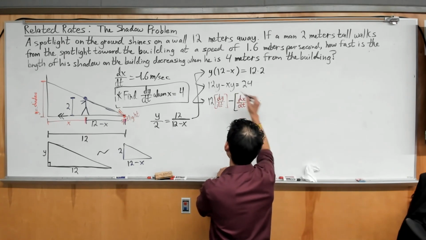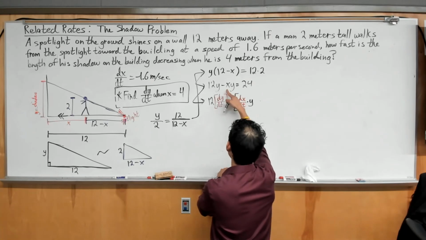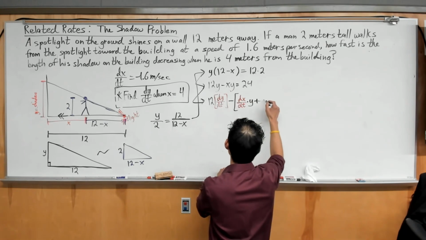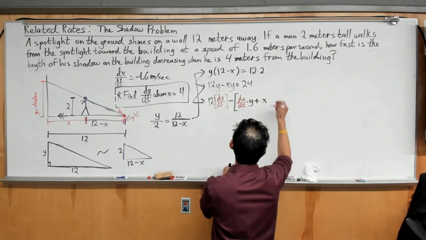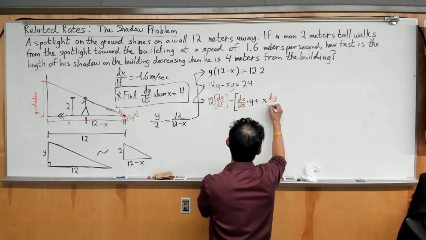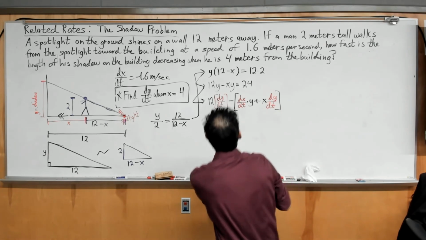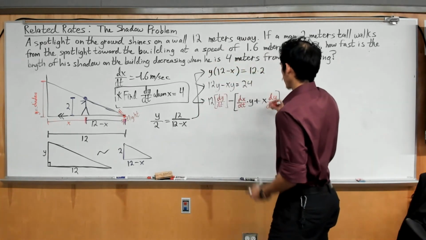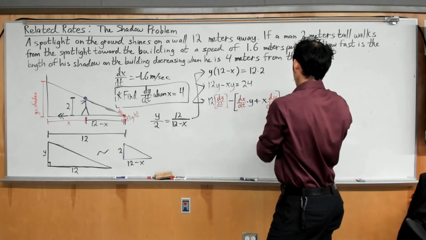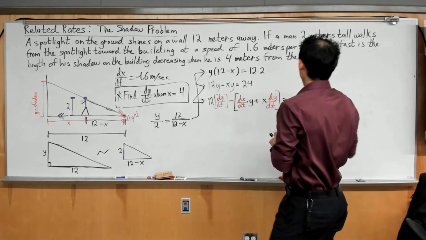Remember, we're going to use the product rule here. So derivative of the first, keep the second the same, plus keep the x the same now, times the derivative of y with respect to t. And then the derivative of 24 will be 0 because it's just a constant.